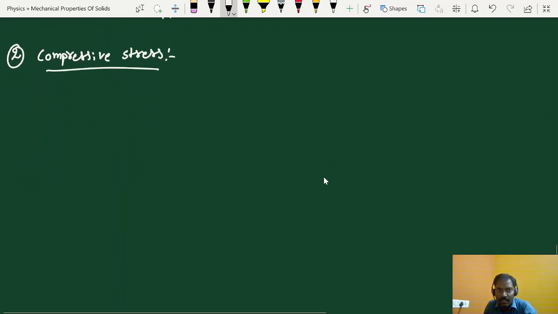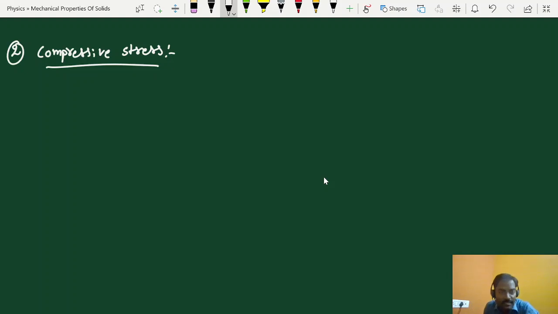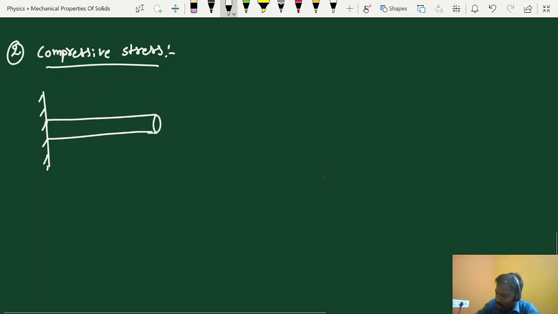See students, the longitudinal stress due to decrease in length is known as compressive stress. Say for example, one end of the rod is fixed to a rigid support and a compressive force is acting on the rod.